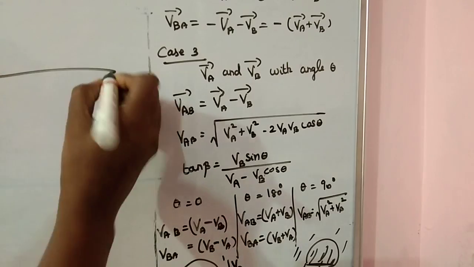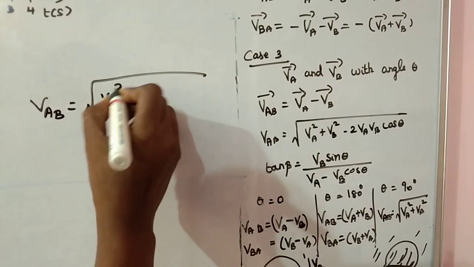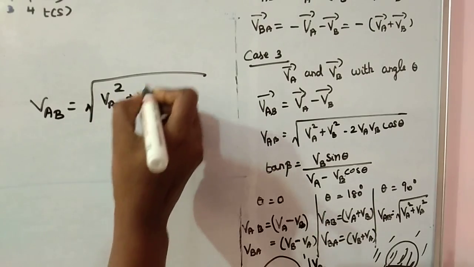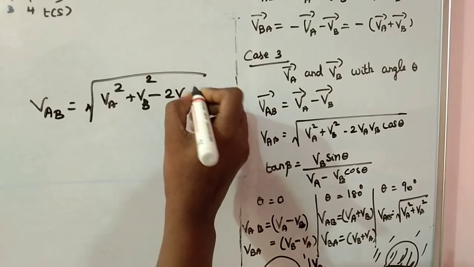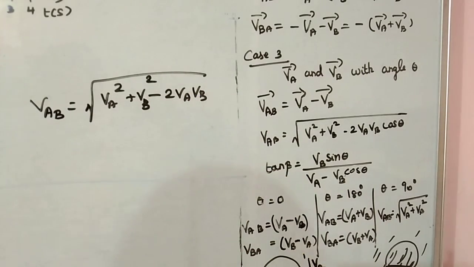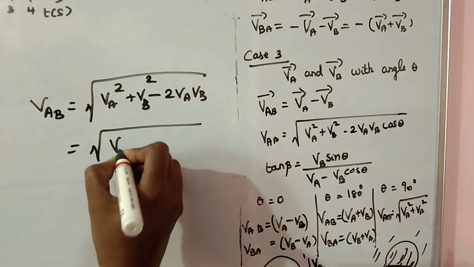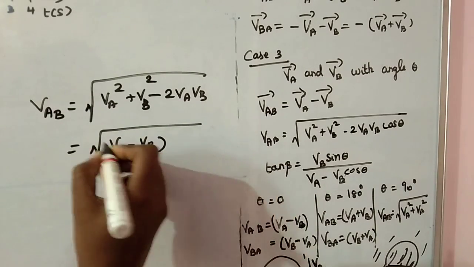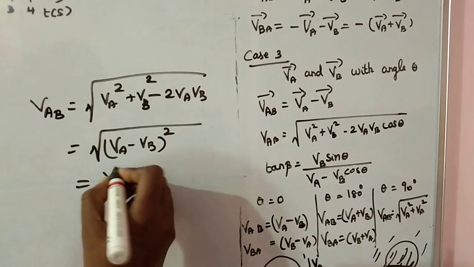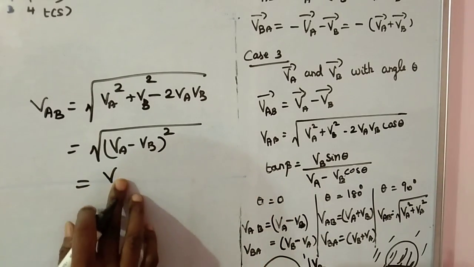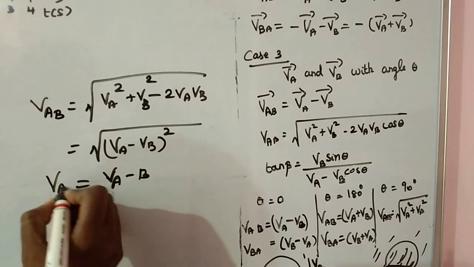So VAB equals root of VA squared plus VB squared minus 2 VA VB. This makes (VA minus VB) the whole squared. So we take out of the root VA minus VB. This is VAB.